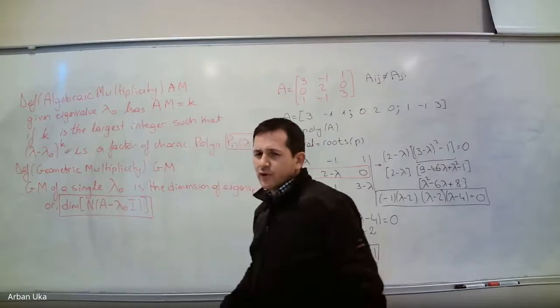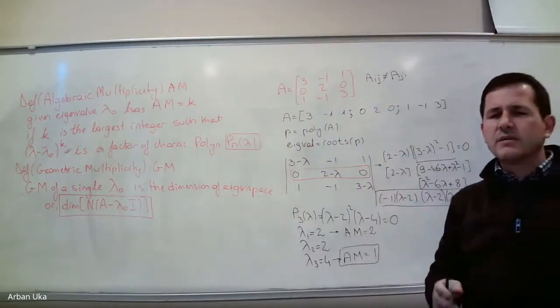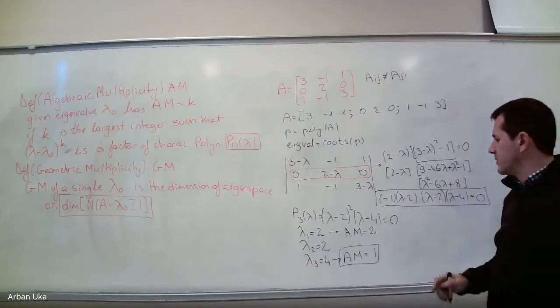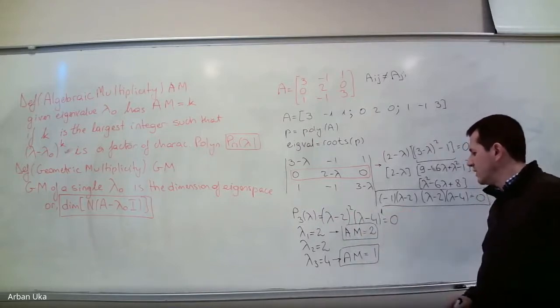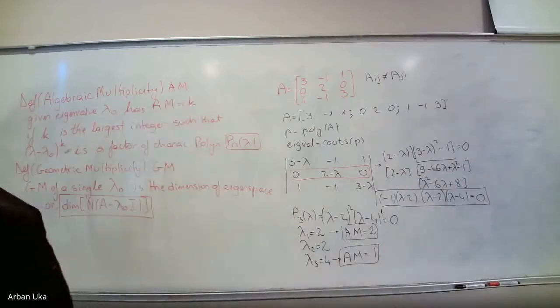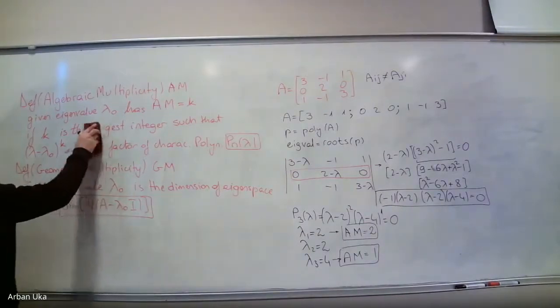If a root appears as lambda minus lambda 0 to the power k, that means that the algebraic multiplicity is k. Here we have to the power 2 and to the power 1. So we can easily determine the respective algebraic multiplicities of all of the lambdas for this specific matrix.